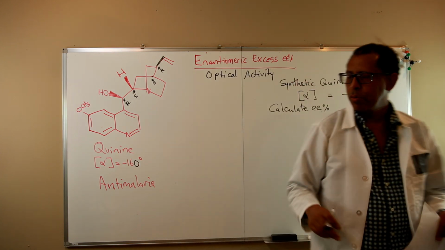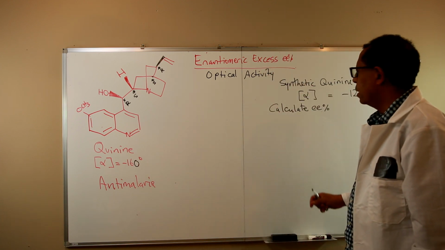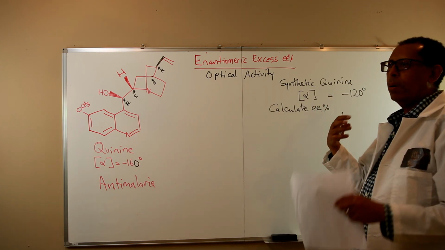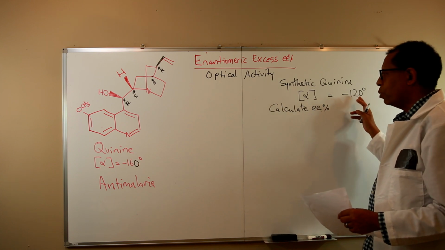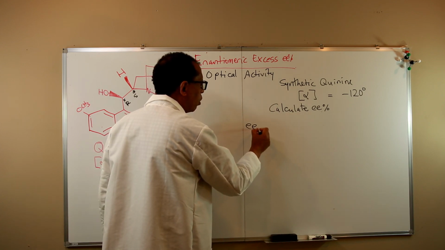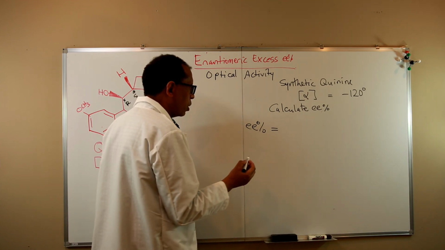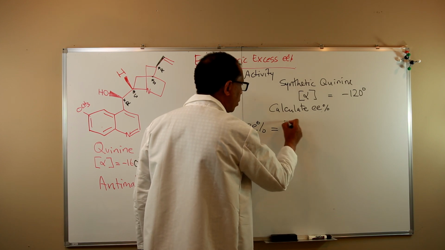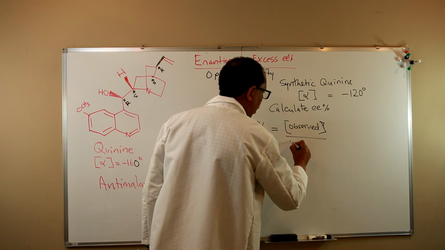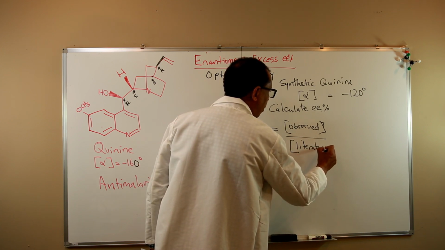Just to make it easier for us to calculate, actually it must be minus 165, but if a particular preparation or synthetic product gave you minus 120 degrees, the enantiomeric excess, from our last discussion during the lecture, is the observed rotation over the literature value for the pure compound.